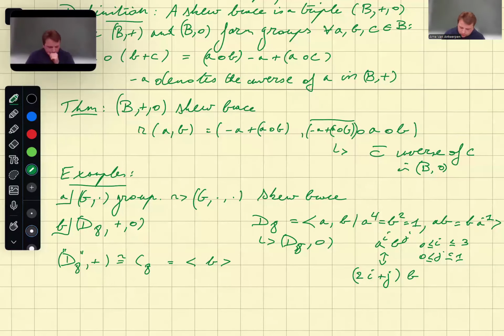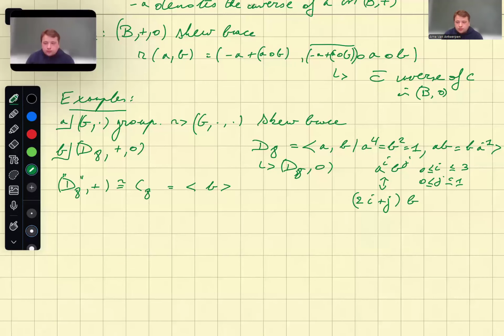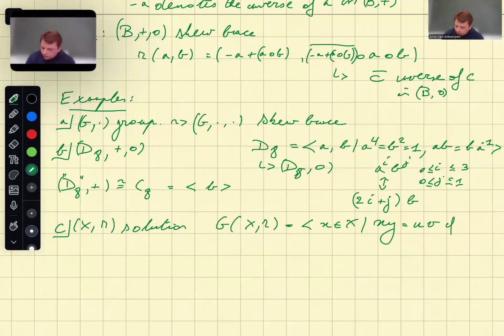And then comes the second reason why skew braces are so important, because you can construct for any solution an interesting group, which we have called a structure group, or the Yang-Baxter group in some papers. You take the group generated by all elements in X, and you set the relations xy is uv if R of xy is u comma v.